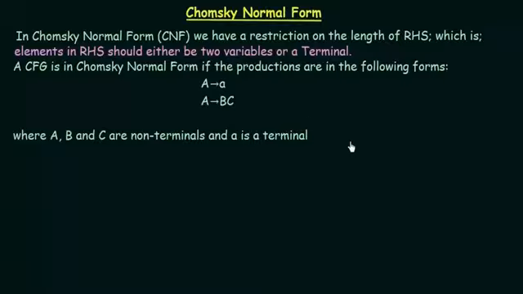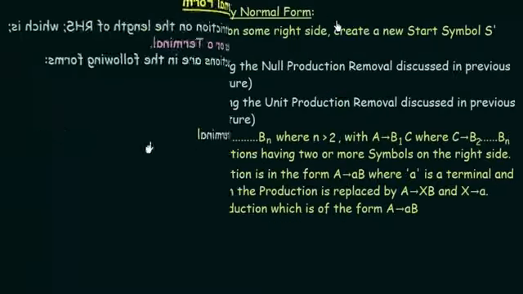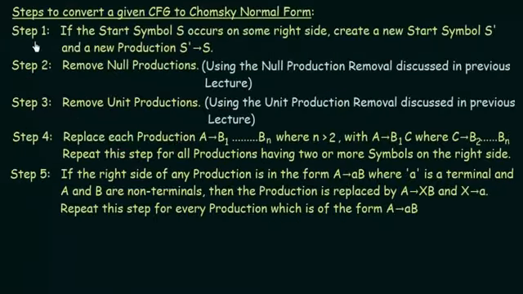Now we will see the steps that we need to follow in order to convert a given CFG to its equivalent Chomsky normal form. We have steps 1 to 5, and following these 5 steps we can convert a given context-free grammar to Chomsky normal form.